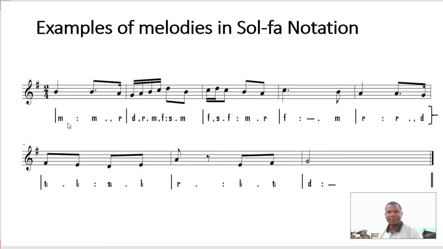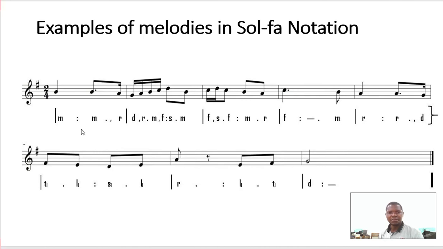Here is example 1. The time signature is indicated, the key is given, that is if it is staff notation. The music will be on the staff, but we have given an equivalent. I have shown you the equivalent of the music on the staff by putting it in sol-fa notation. Study the rhythm. Remember 2/4 is indicating that there are 2 beats of the crotchet type in every bar.